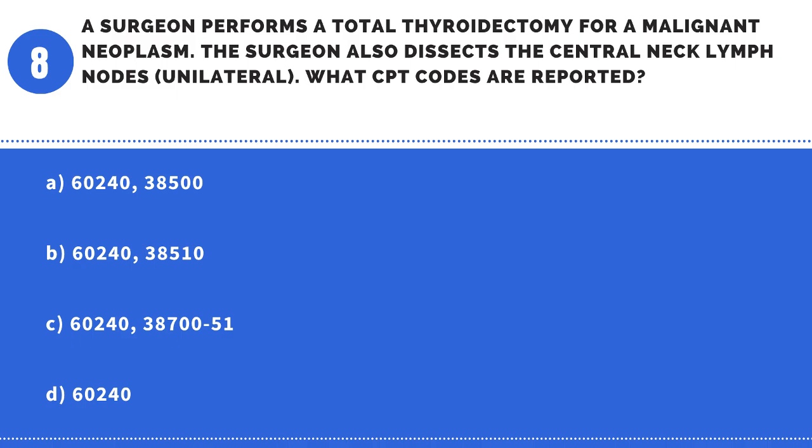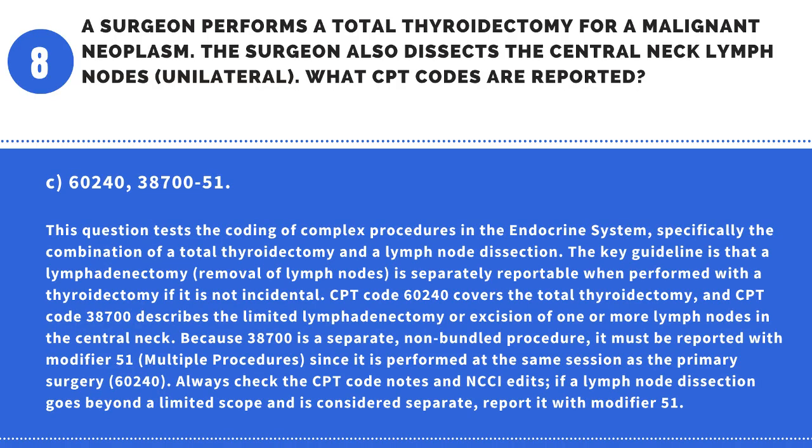C. 60240-38700-51. D. 60240. Answer C. 60240-38700-51. This question tests the coding of complex procedures in the endocrine system, specifically the combination of a total thyroidectomy and a lymph node dissection.